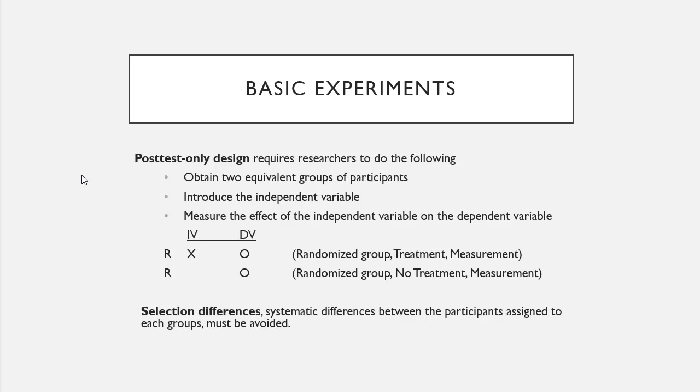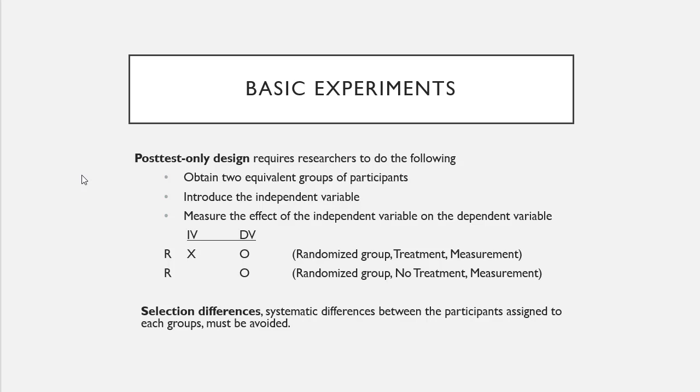If we use something very, very simple like medication, let's say we're looking at a medication that makes people smarter. We take, let's say, 100 people. We randomly select a group of 50 to be in the treatment group, and the other group will be in the control group. We give one group of 50 a medication that makes them smarter.